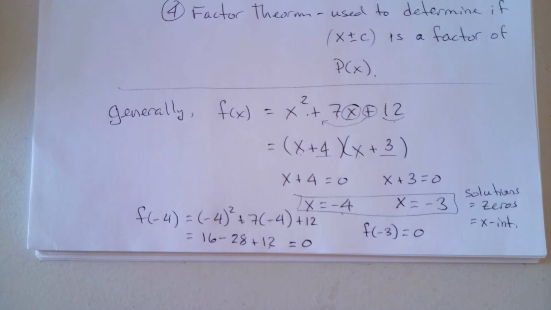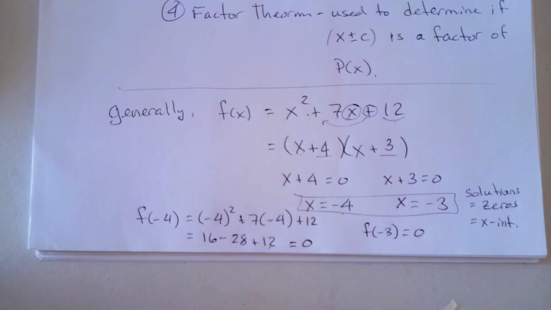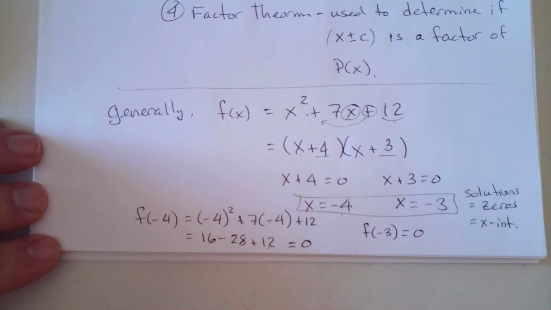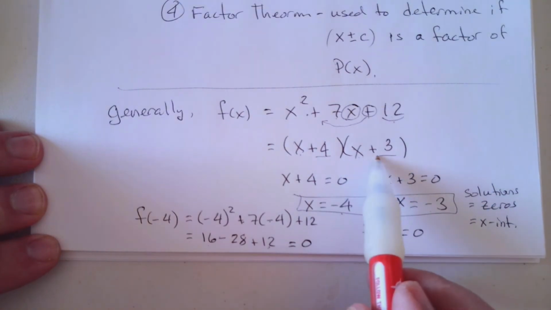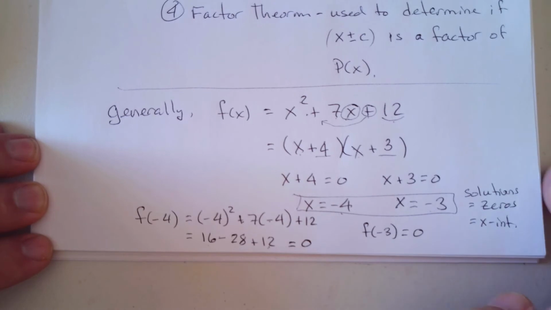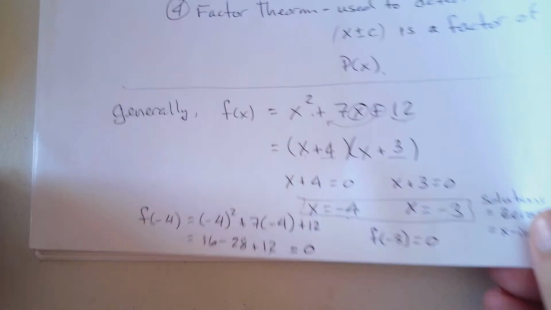Okay, so if we know these factors, we can find the zeros. Now, we can also go backwards. If I give you the zeros, then you could find the factors, and you could also find the equation it came from. We just work backwards. So let's go to what we had last time.